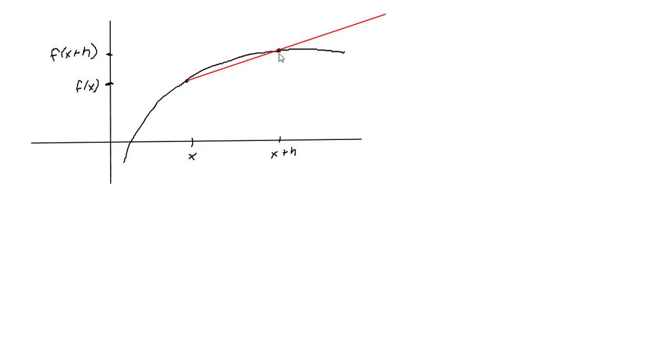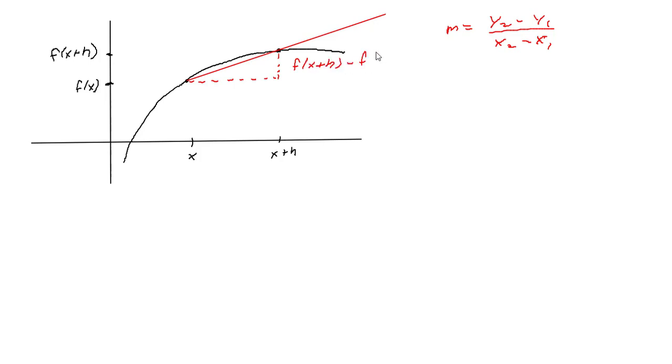So if you remember, slope is the same as rise over run, or change in y over change in x. So we're going to look at the change in y over change in x, or rise over run here. Or you may remember the slope m equals y2 minus y1 over x2 minus x1. And here our y2 minus y1 would really just be f of x plus h minus f of x.